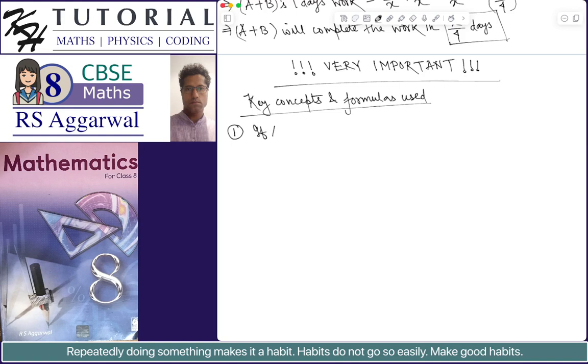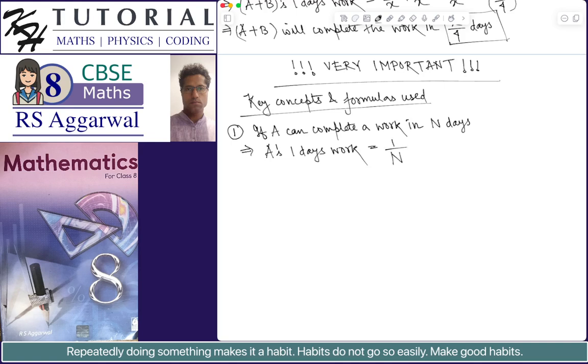if A can complete work in n days, will imply that A's 1 day's work, that is the amount of work done in 1 day, will be equal to 1 by n.